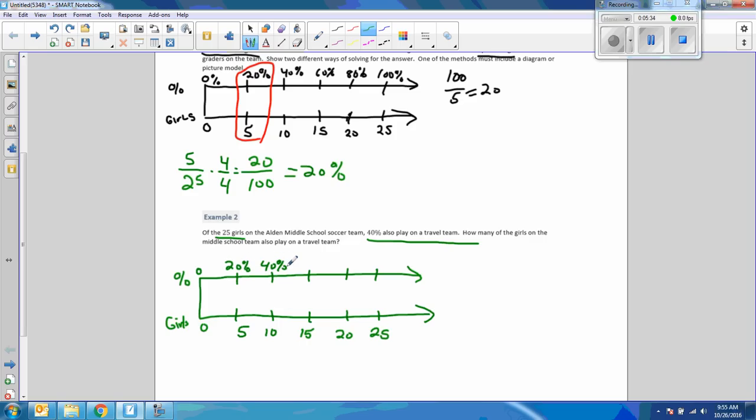Okay, so let me just fill all this in. I'm just copying what we did before. All right. So now we want the 40%. So 40% is right here. So the answer is 10 girls.